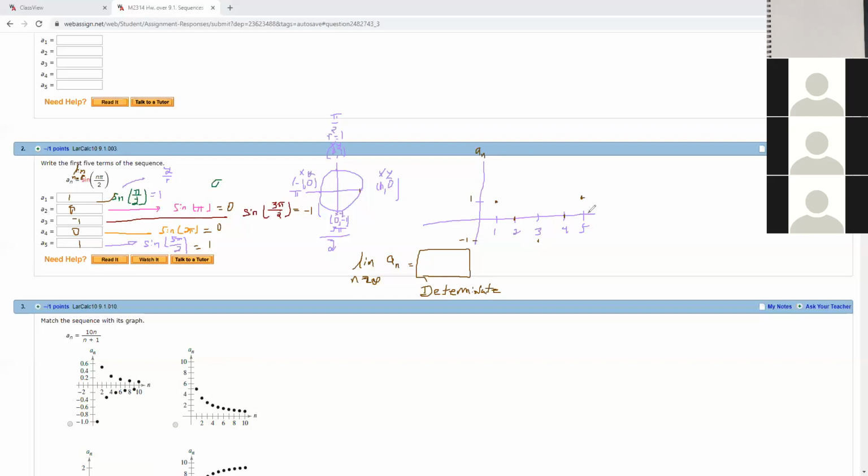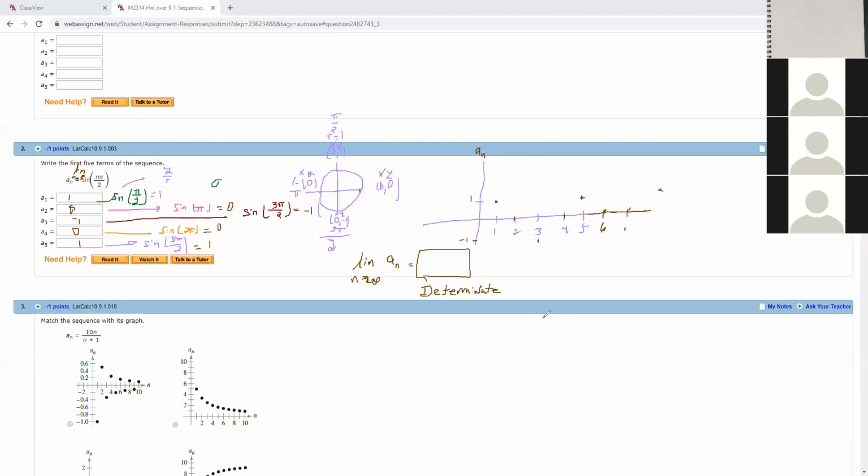No, because what's going to happen after this? What's 6 going to be? So it went 1, 0, -1, 0, 1. What's the next one going to be? 0. And the next one? -1. And the next one? 0. And it's going to do this forever.